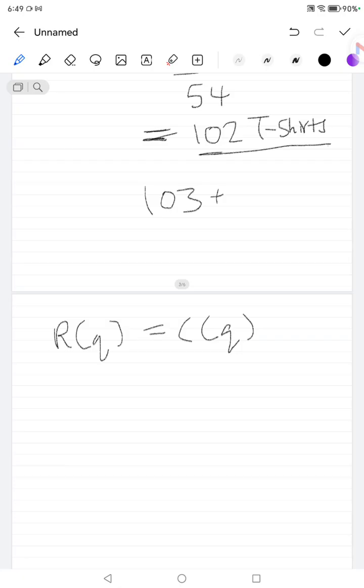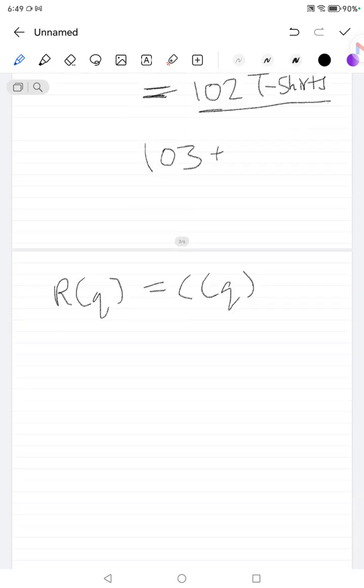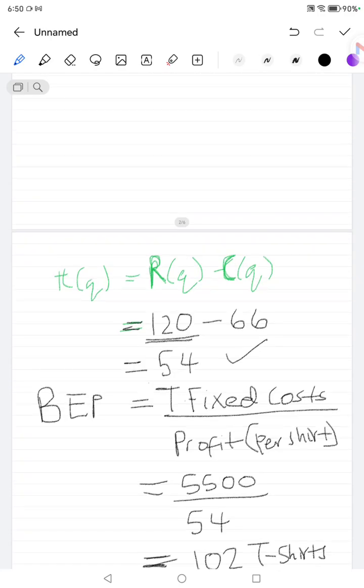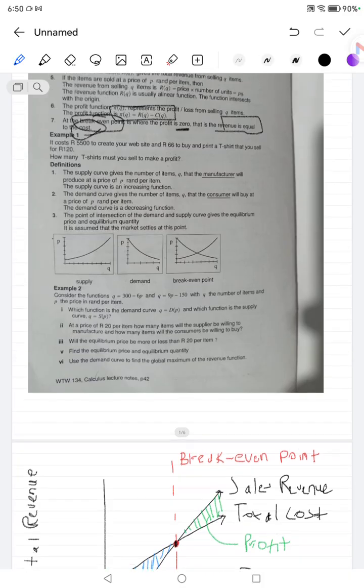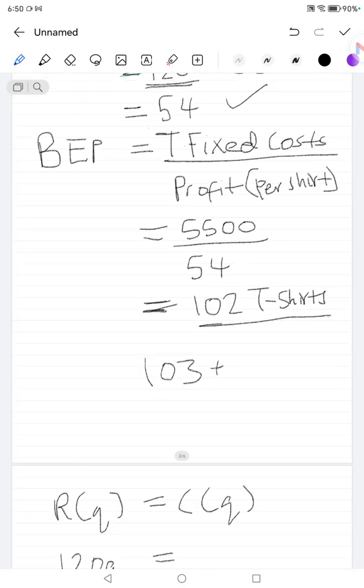So remember the revenue that they got, it was 120. Then you're going to say you have your 120q, and this side you're going to represent cost as your function. Remember, you're going to check what kind of cost you have. You have your fixed cost and your variable cost.